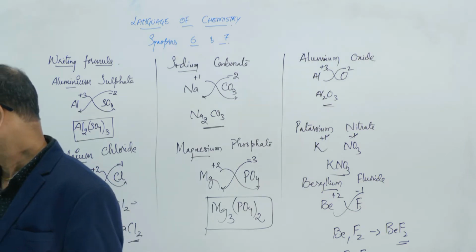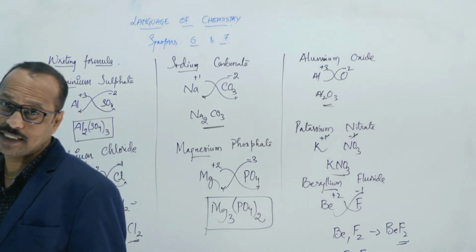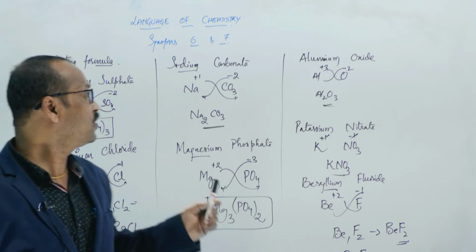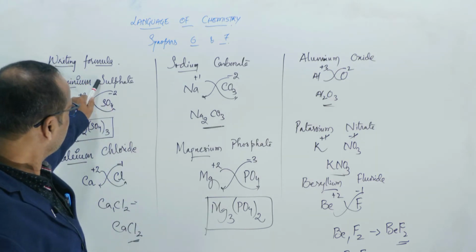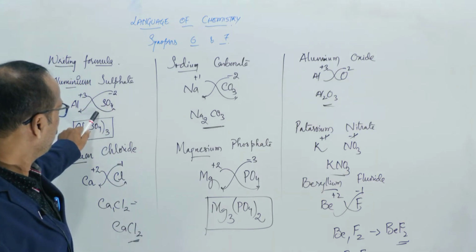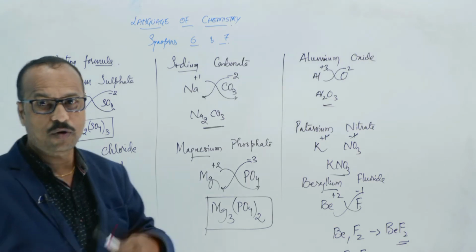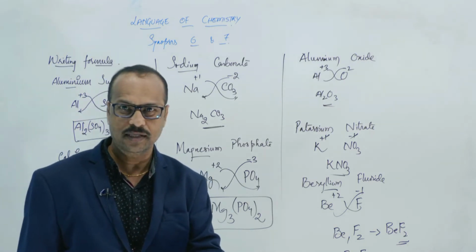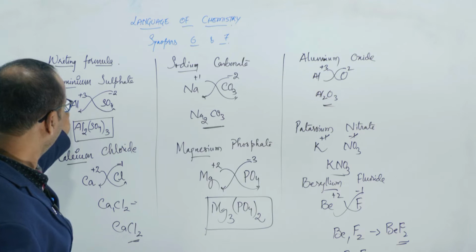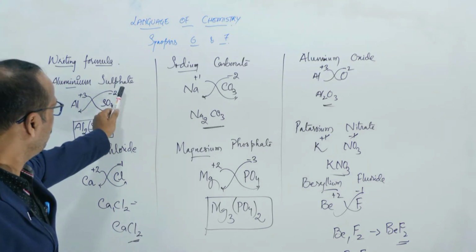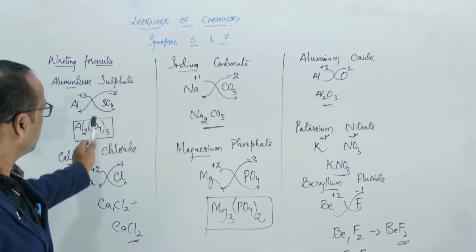Now let's go to the seventh one. The seventh one is exactly opposite to this one. Here, the name is given and we are writing the formula. If the formula is given, how to give the name? Here we were given names like aluminum sulfate, calcium chloride, sodium carbonate, magnesium phosphate, and by taking the name we wrote the formula.